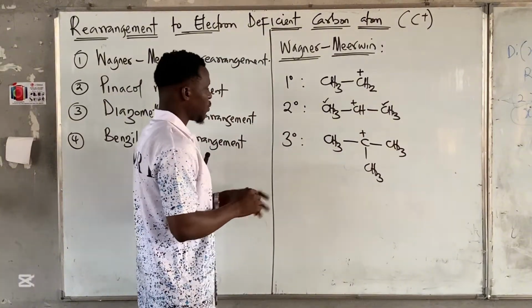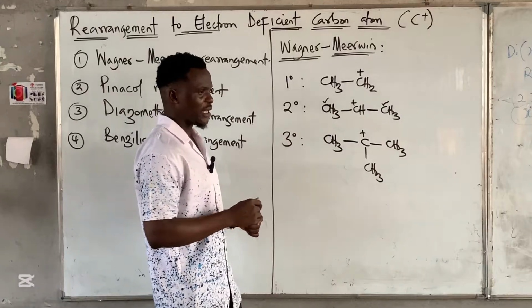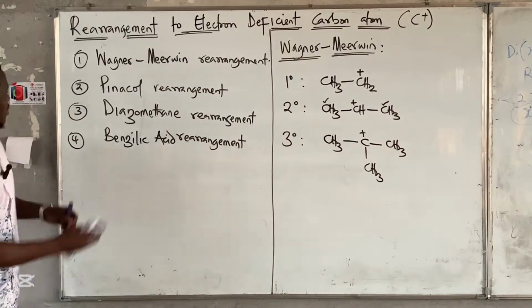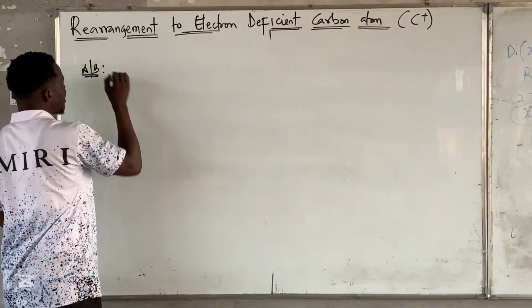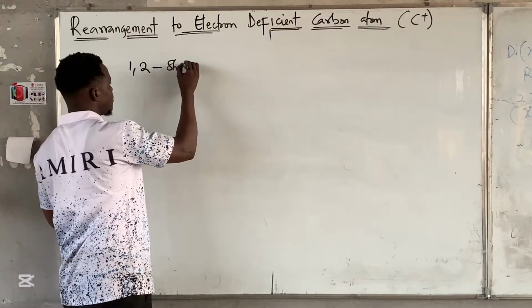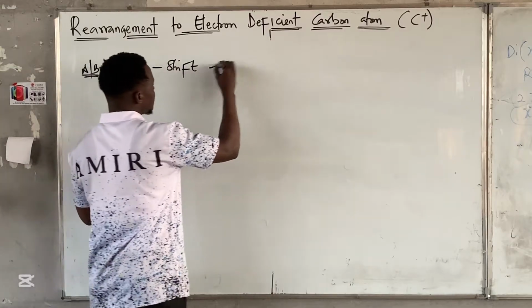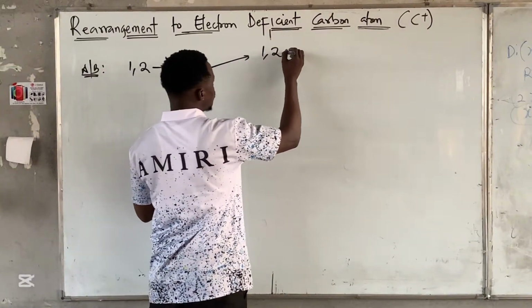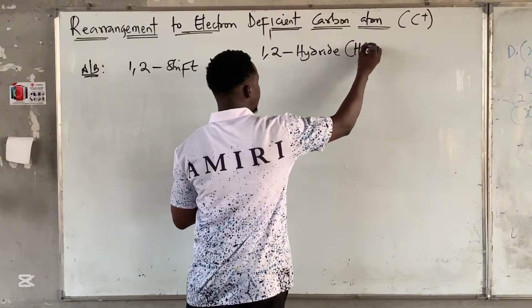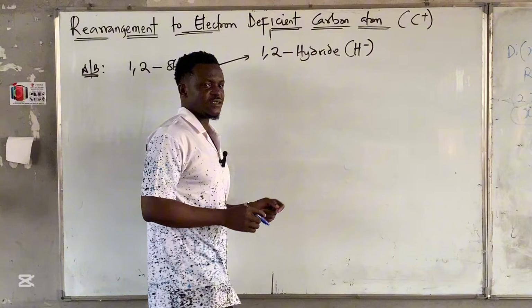All right. So we're going to take a few examples under this Wagner-Meerwein so that you can understand what I mean. Now, note, I say Wagner-Meerwein is actually accomplished using 1,2 shifts. This 1,2 shift can be a 1,2 hydride shift, that is, you're shifting hydrogen with a negative charge.